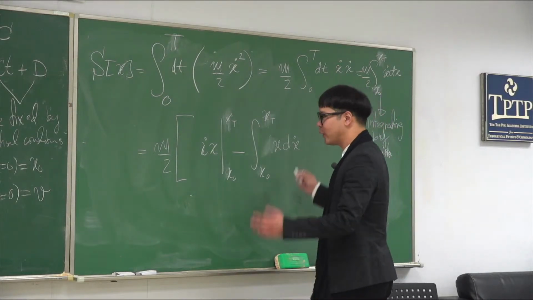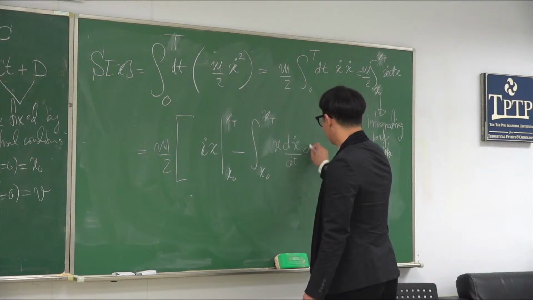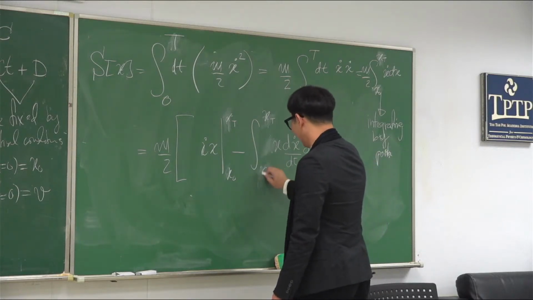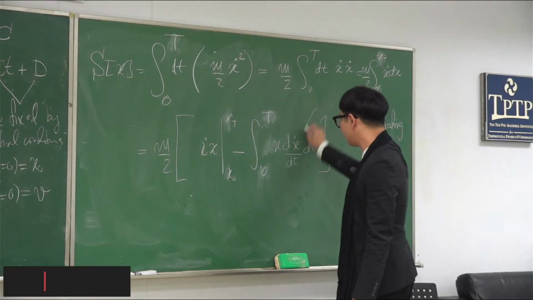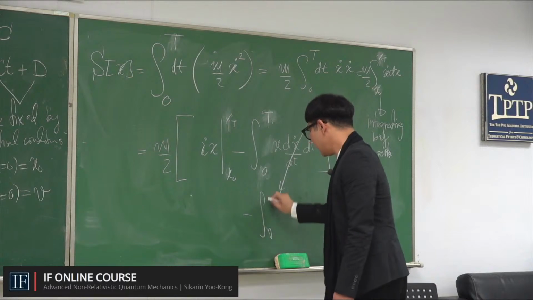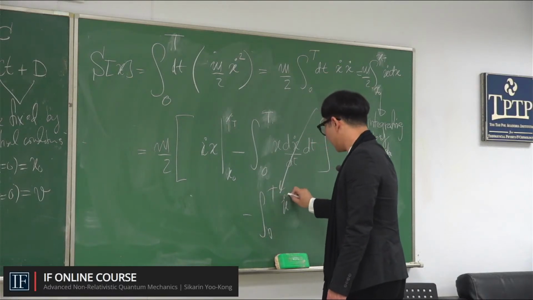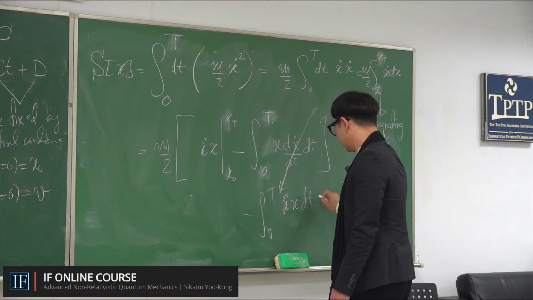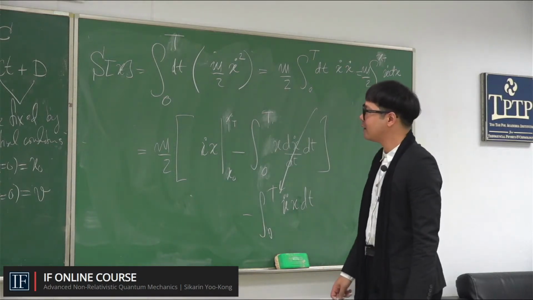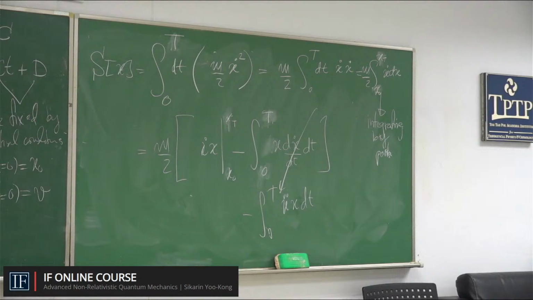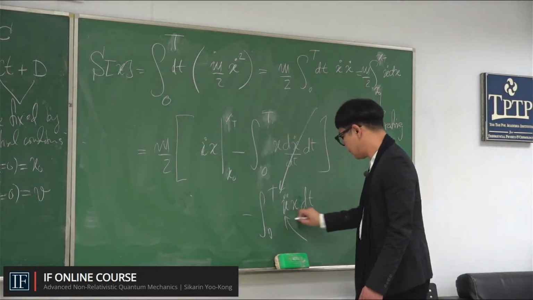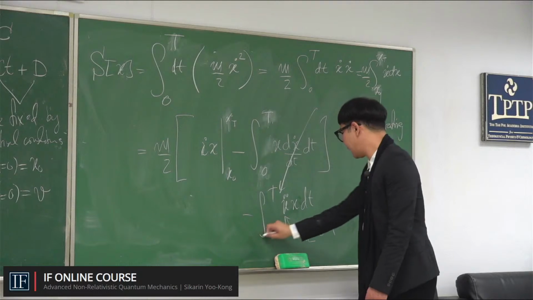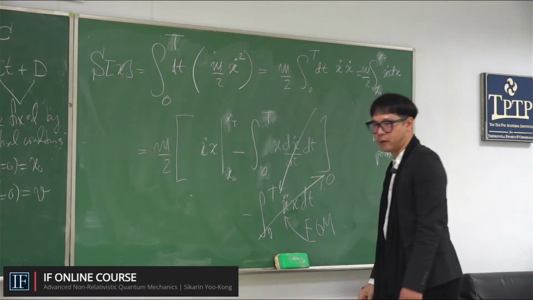I can do this, of course. And this turns out to be x dot x at T. Right. And since you have this, you apply your equation of motion, then it's going to be 0.